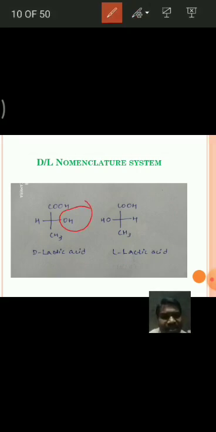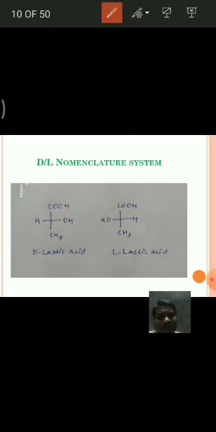The OH on the right side means it is D configuration, hence that is known as D-lactic acid. In the second molecule, the OH is at the left side, hence it is known as L-lactic acid. In this way, we can assign DL configuration to the isomers.